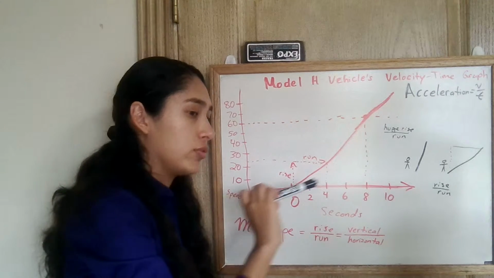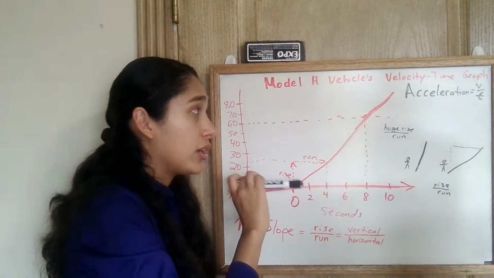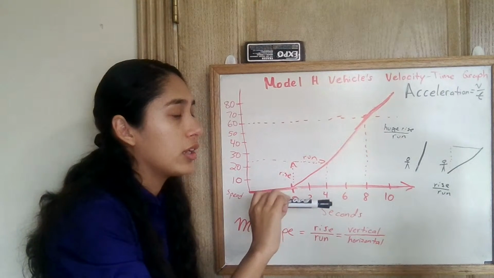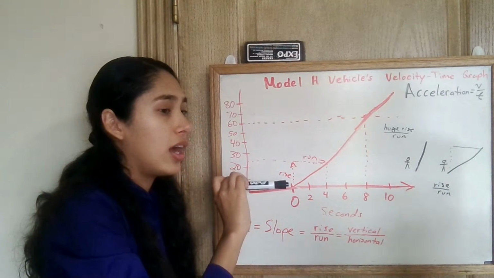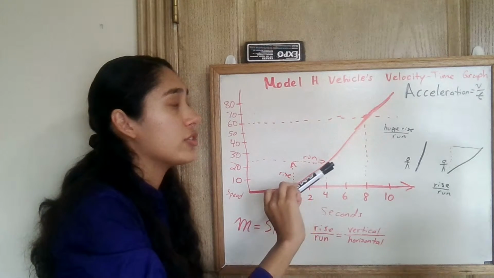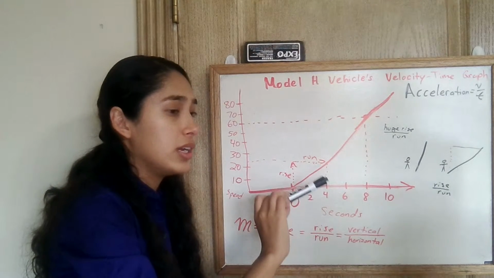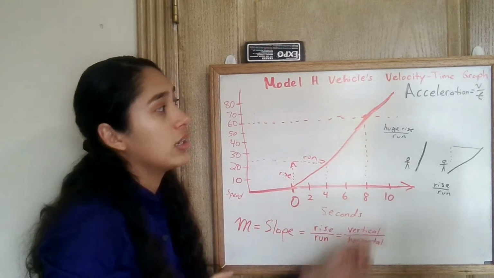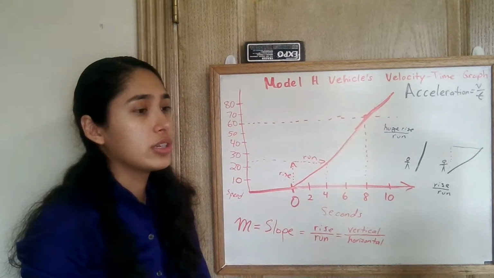I'm going to increase my speed. I'm not going to go from 0 to 50, I'm going to go from 30 to 50. So how much my velocity changes over a certain amount of time, how much time it takes me to get to that new velocity, that's going to be my acceleration.